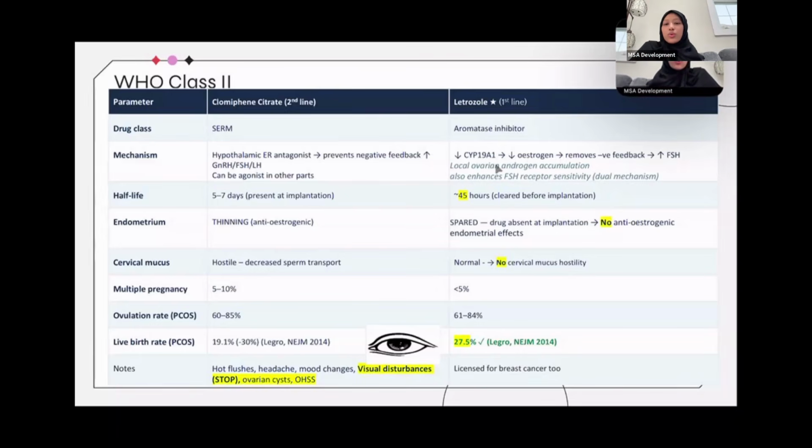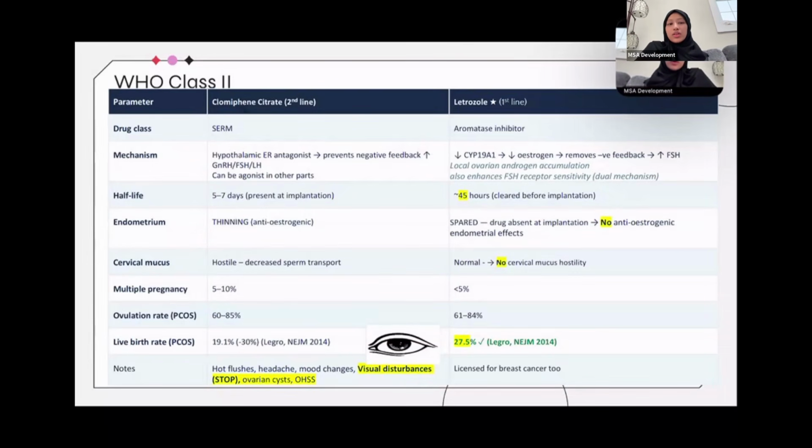This is the dual mechanism of how this works. It also enhances FSH receptor sensitivity. I know the estrogen was already low in PCOS, but just remember that suppressing it even more will restore that axis.